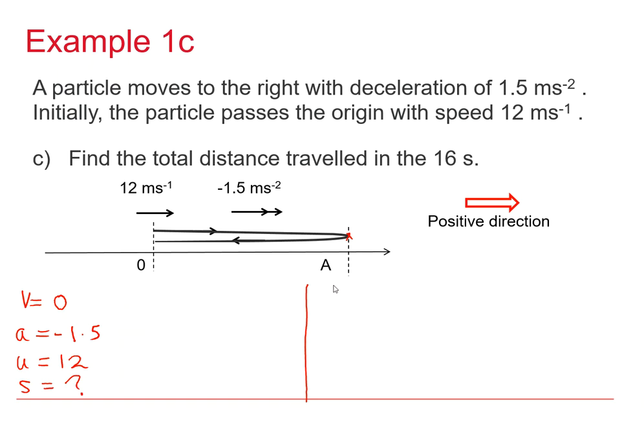Another way we could set this up is to say, right, what else is special about that point? Well, it's halfway through the journey. It's a bit of a leap of faith here if you're not familiar with these problems, but this section of the journey and this section of the journey are really almost like reflections of each other.